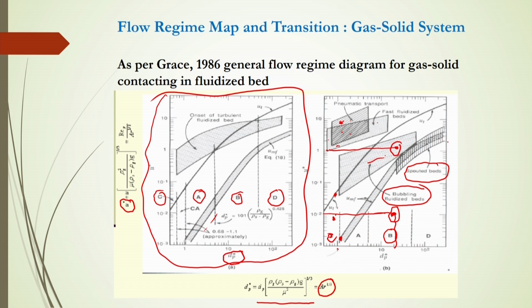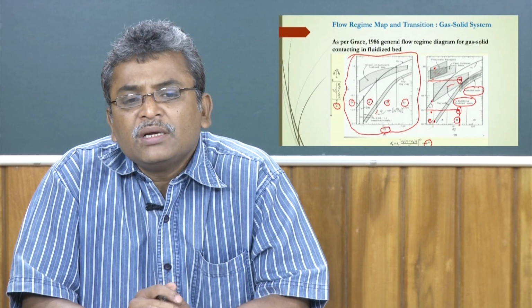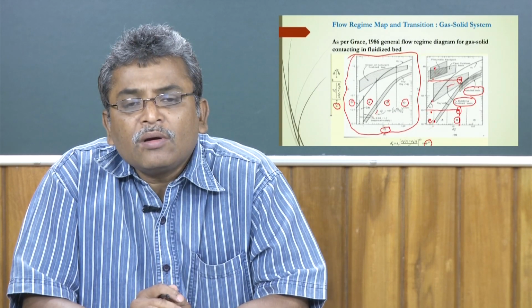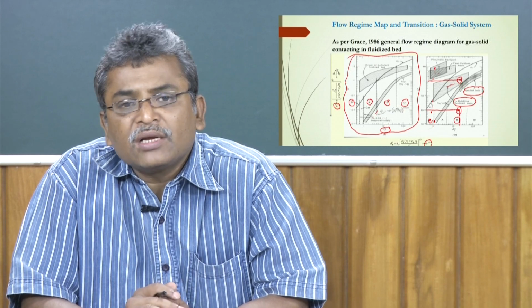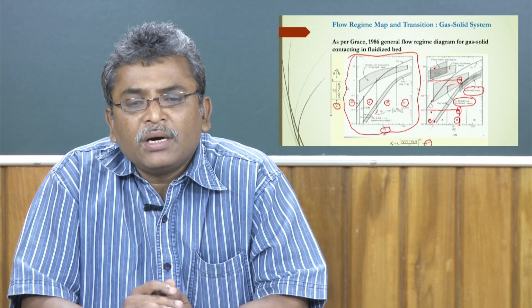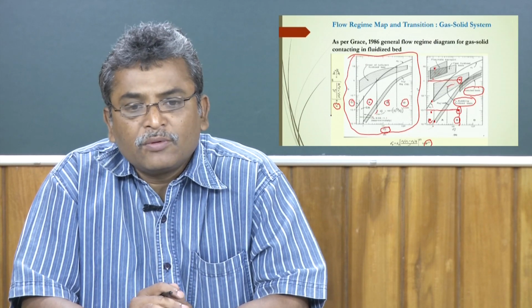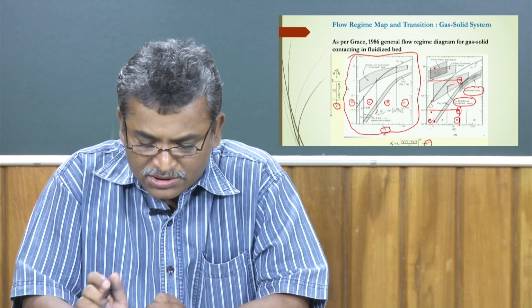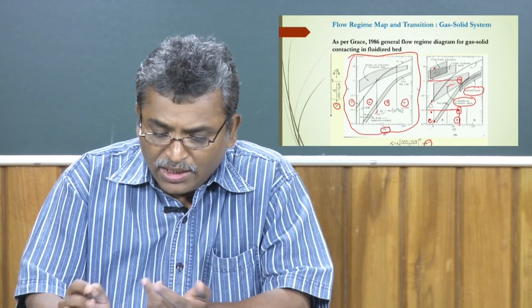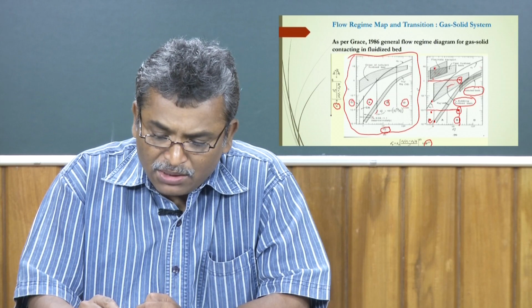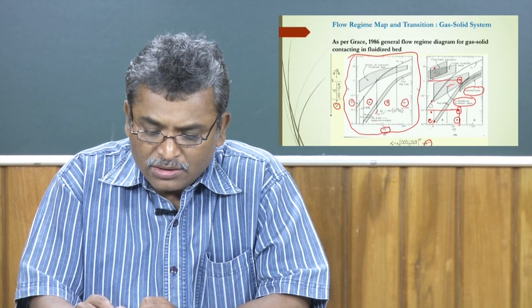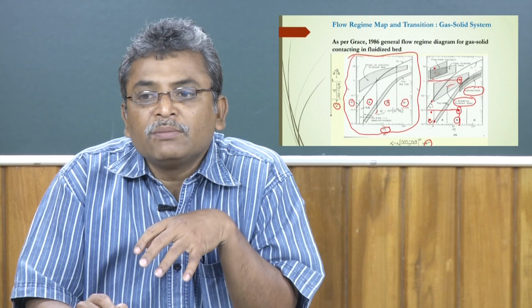From this graph you can read, or before going to the experiment you can have some rough idea from this flow pattern map, whether you are getting the bubbling fluidized bed or not, or slugging condition, or pneumatic condition, or spouted beds. Before starting any experiment, suppose you want the bubbling fluidization condition.